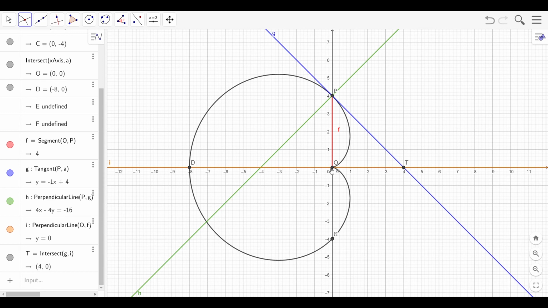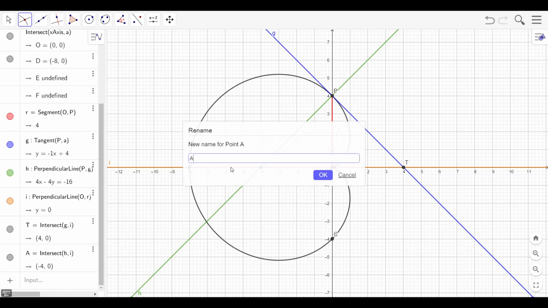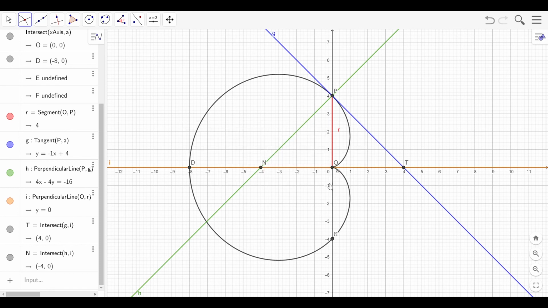This distance is OT. And intersect the normal at P with the line perpendicular to OP. So this is N. Then ON is called the polar subnormal.